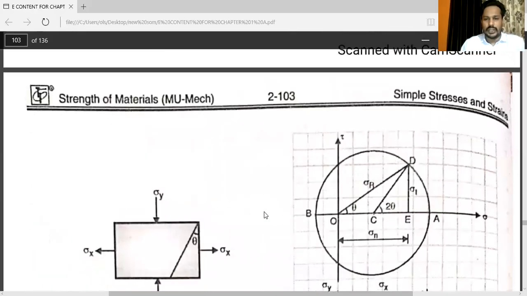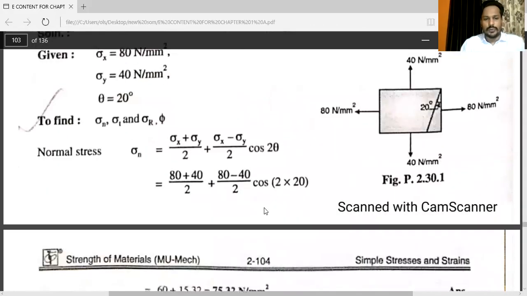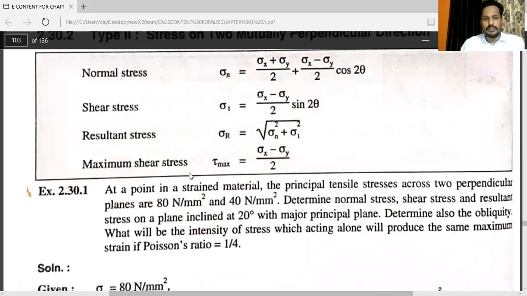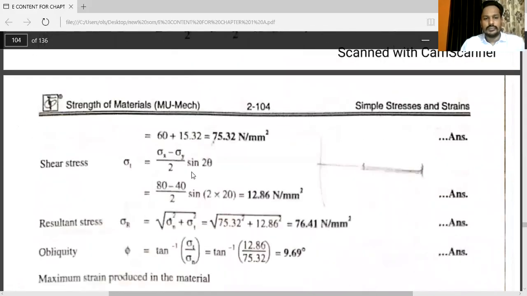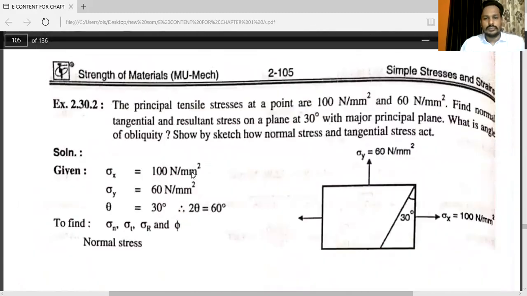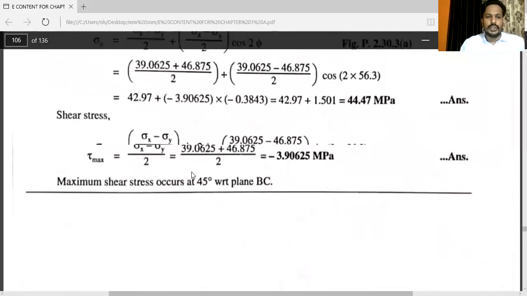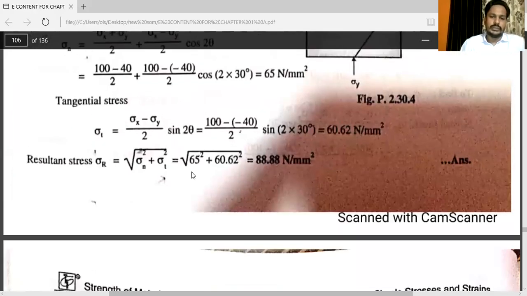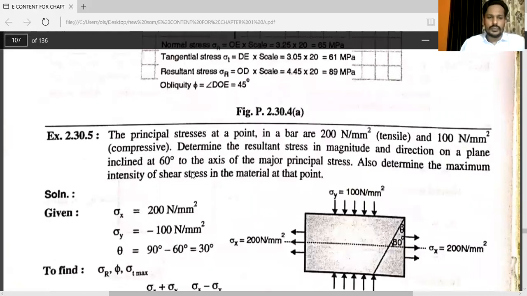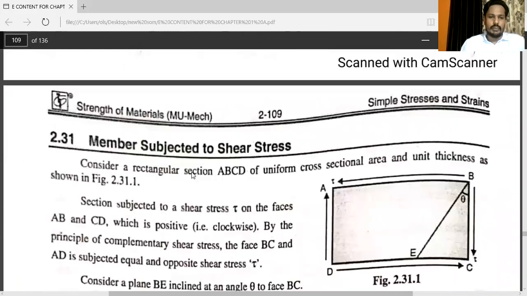Similarly, by using the graphical method, by using the Mohr circle, you can calculate similar values of normal stress, shear stress, resultant stress, and maximum shear stress. Here I explained the different formulas, the analytical method as well as the graphical method. You can solve n number of problems.